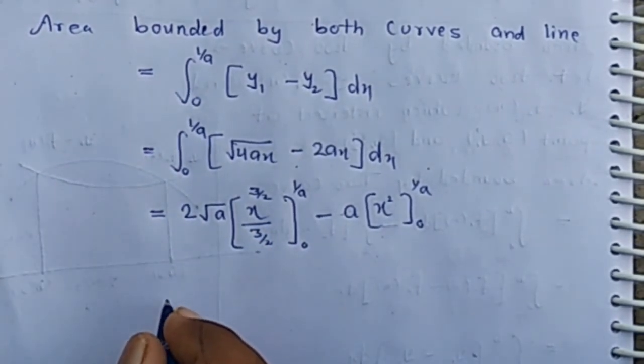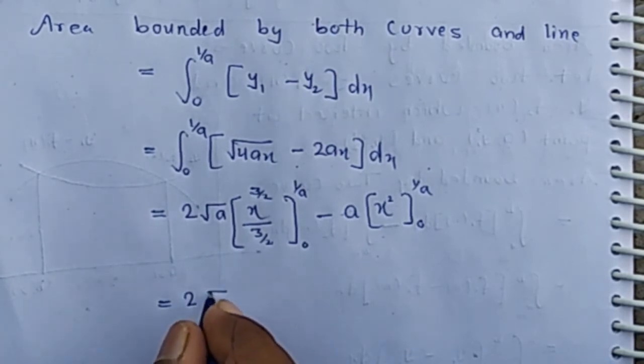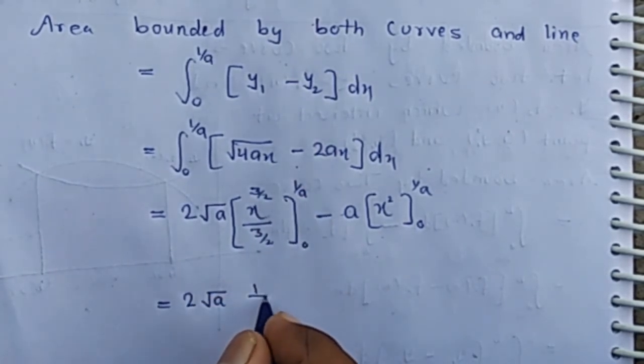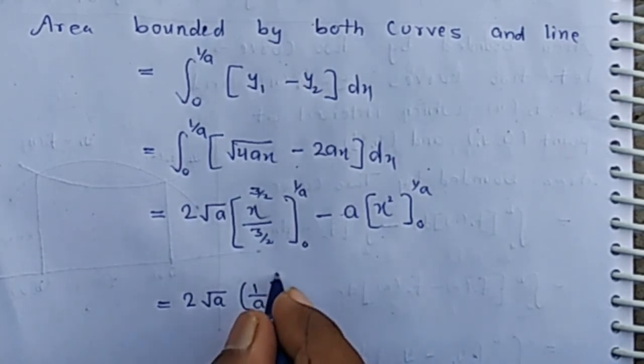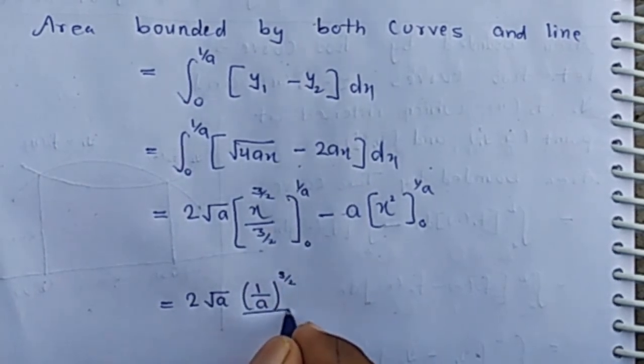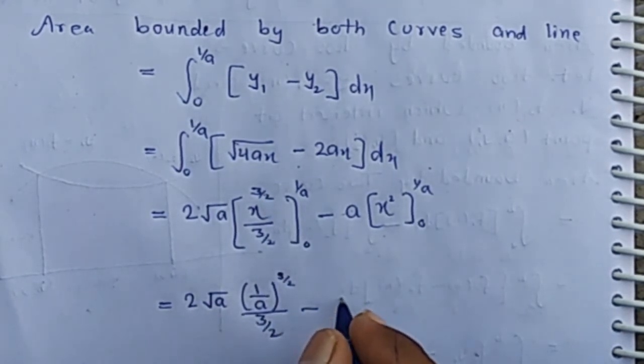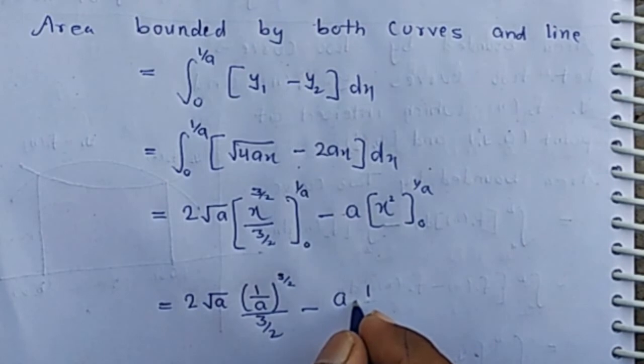Now we have 2 root a times (1 by a) to the power 3 by 2 divided by 3 by 2, and a into 1 by a square.